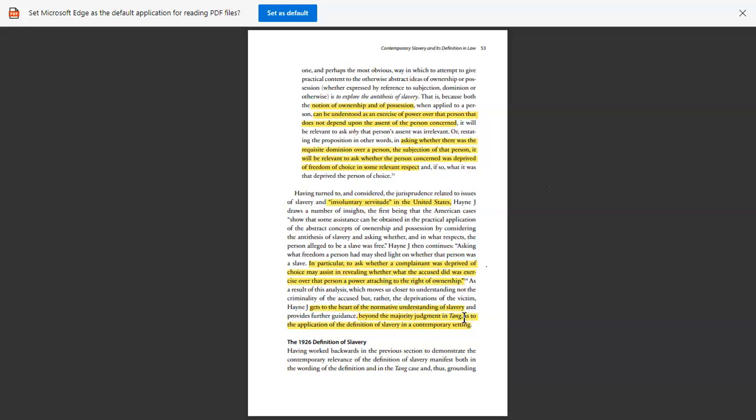And they dealt with that in Tang, beyond the majority judgment in Tang, as to the application of the definition of slavery in a contemporary setting.